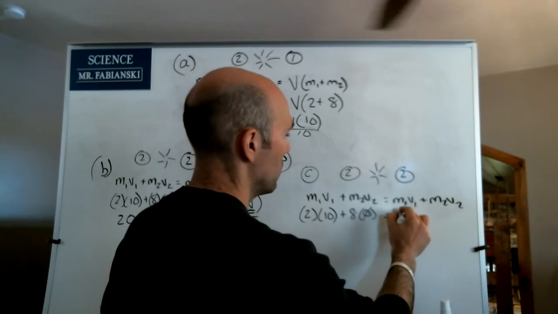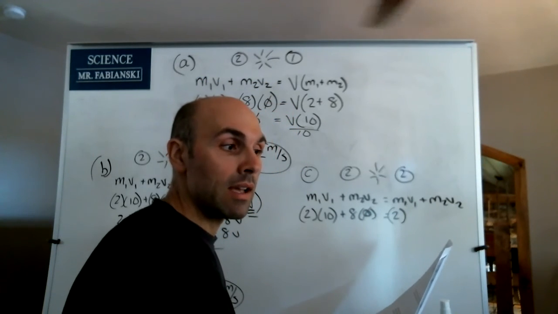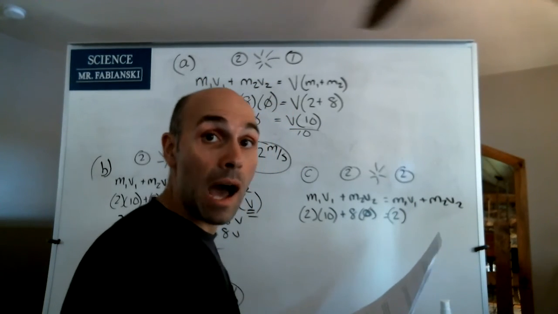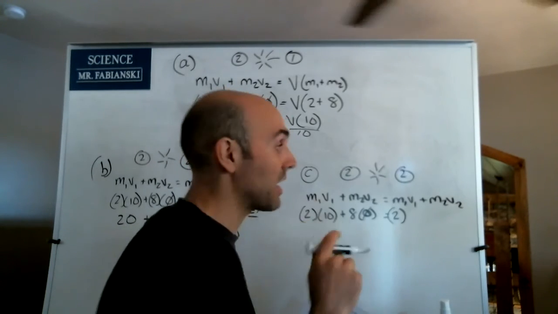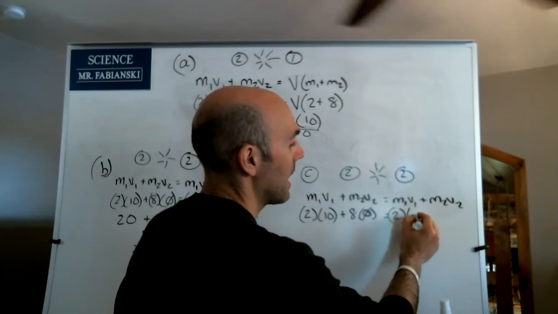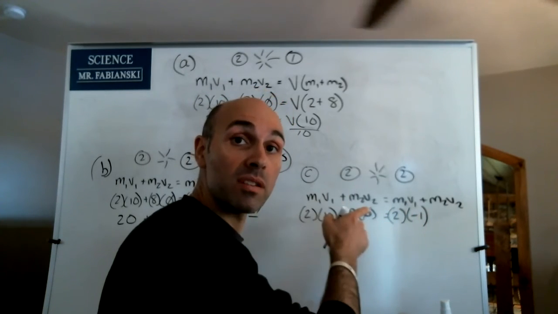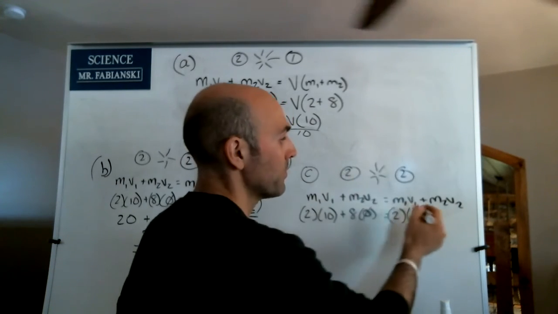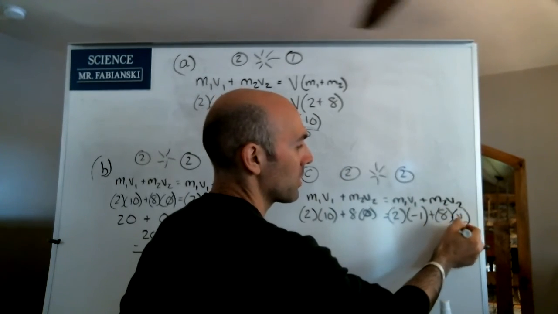Equals 2. Now, which way is that 2-kilogram ball moving off? If we read again, it's moving off at 1 in the opposite direction. Opposite, we have to watch our sign. -1. Right there, that's going to make the difference. Opposite direction, it's negative. Plus 8 times V, that's what we're looking for again.